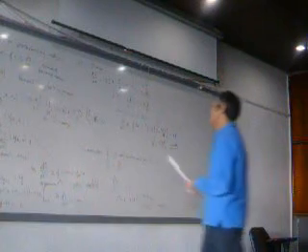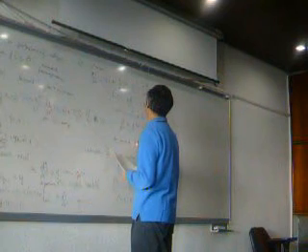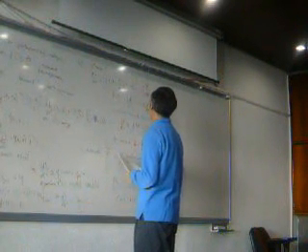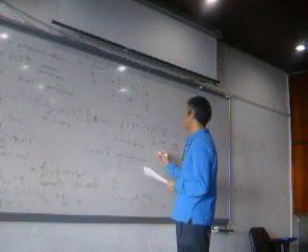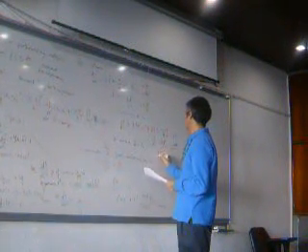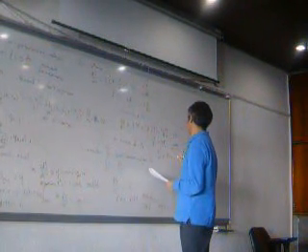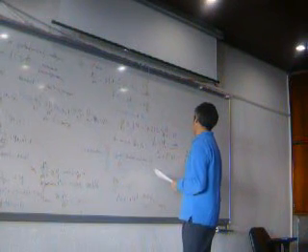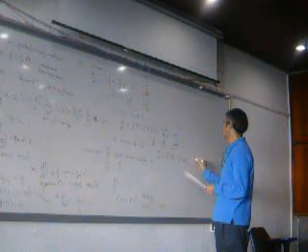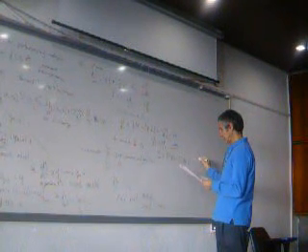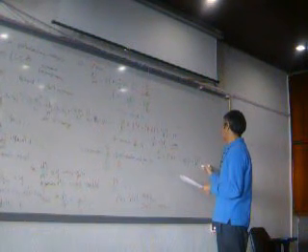And then what's the other one? Around PS. How does that work? So then around PS, dp over dt is approximately equal to f of PS plus p minus PS times df over dp evaluated at PS.